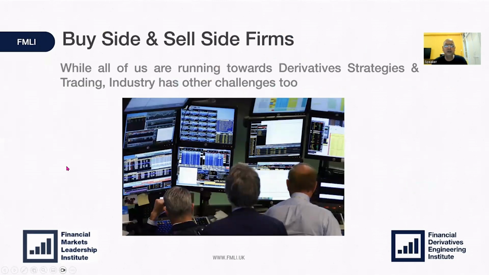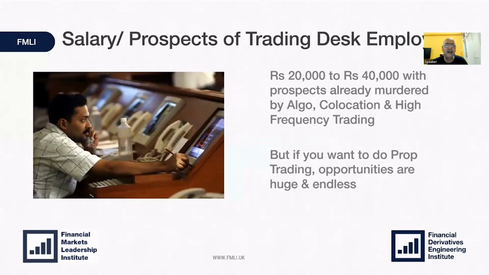While all of us are running towards derivative strategies, the trading industry has other challenges too, and if you understand these other challenges, you can not only get a job but also build a very great career. I see a lot of students running after trading.